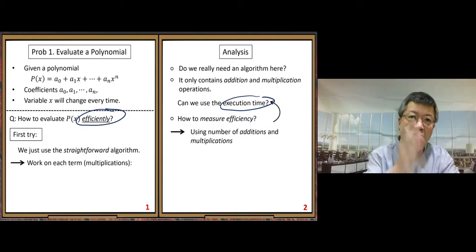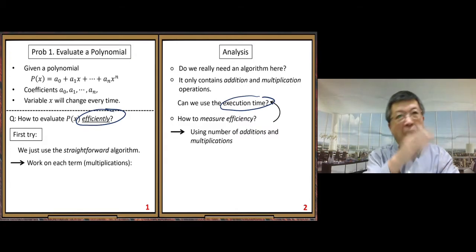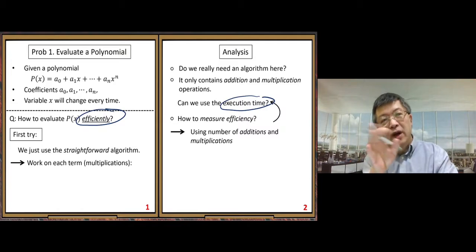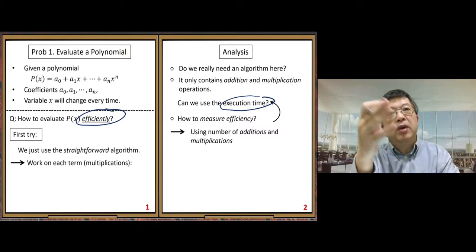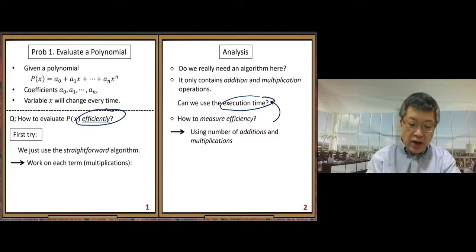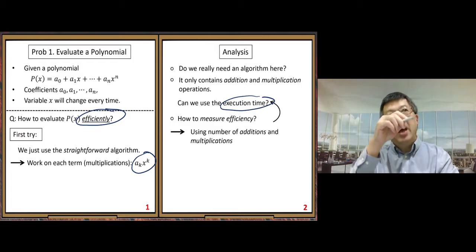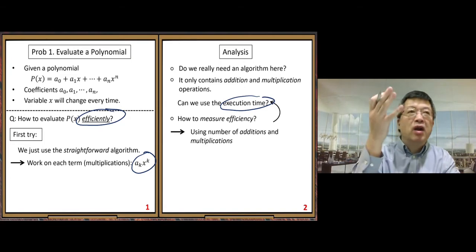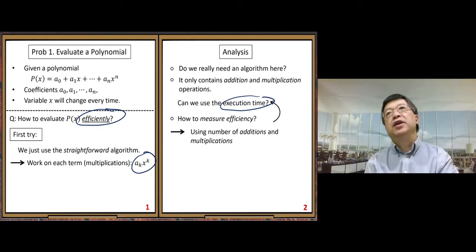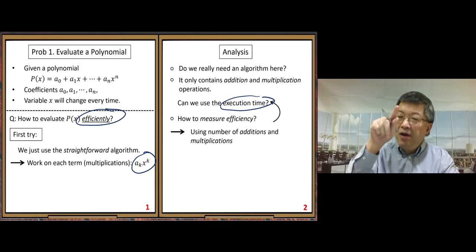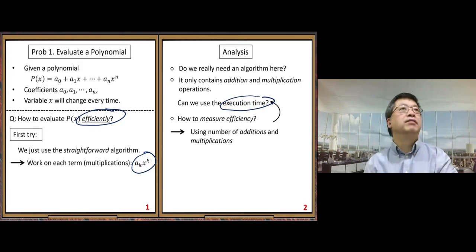Work on each term. When we work on each term, we count the number of multiplications. Here, we consider the general term: a sub k, the coefficient, times x to the kth power. How many multiplications do we need to evaluate this term?